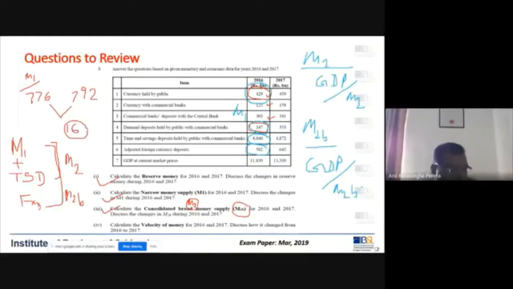For 2017, 2.36. So in this case, velocity has declined during the 2 years. Similarly, you can also take M2B and calculate velocity, and probably if you do that, you will see it has come down during the 2 years.